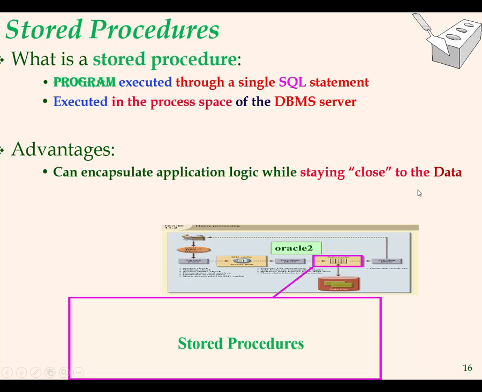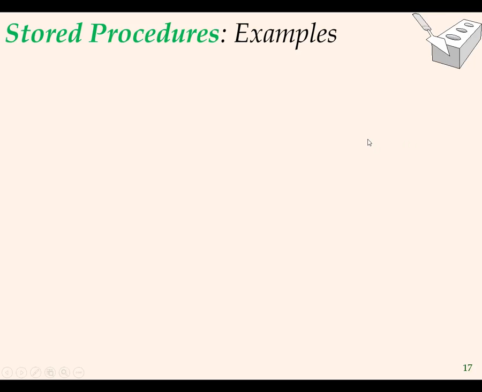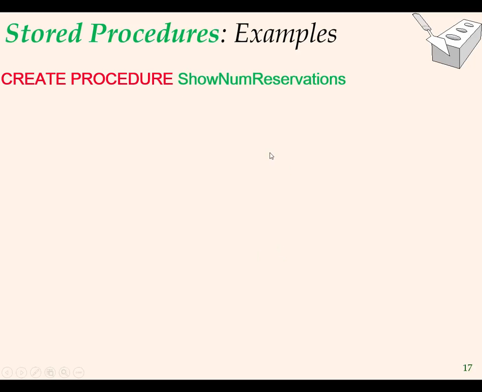So you stay close to the data. So if your application is data intensive, use stored procedures. If it's computationally intensive, then write the code in the front-end language. So these stored procedures can be reused many times. So you avoid the cursor one-tuple-at-a-time return if you have a lot of data that you need to deal with. Let's look at some examples of stored procedures.